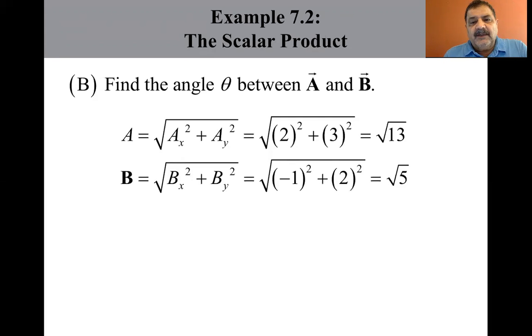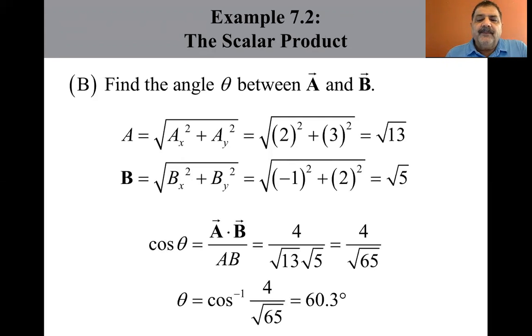So you get 4 divided by square root of 13 times square root of 5. That's equivalent to 4 divided by the square root of 65. So if you work that out, theta being the arc cosine of 4 over square root of 65, you get 60.3 degrees.